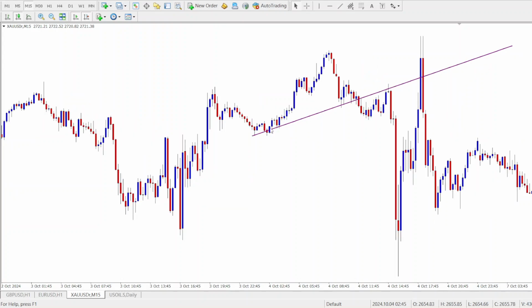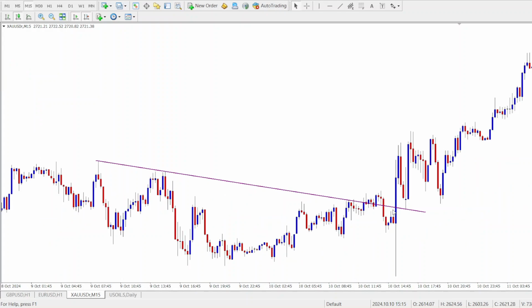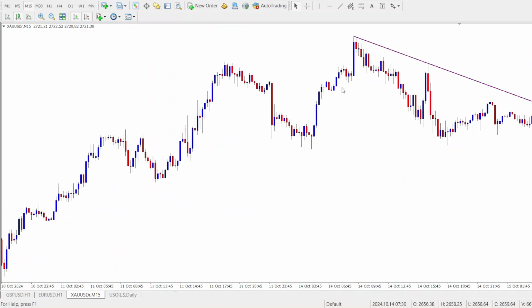Okay, here we had a breakage. You see that price broke below this trend line downwards. It signals that the downtrend is about to happen. I can see that price sold all the way to this point. On the other hand, when price breaks a downtrend line and goes up, you can see it broke above it and went up. It signaled a potential bullish reversal and you see price went all the way up.